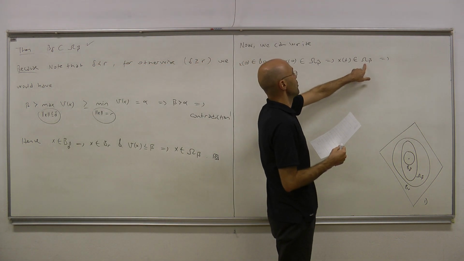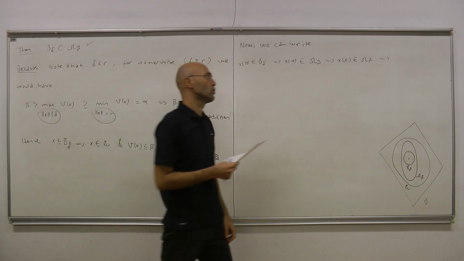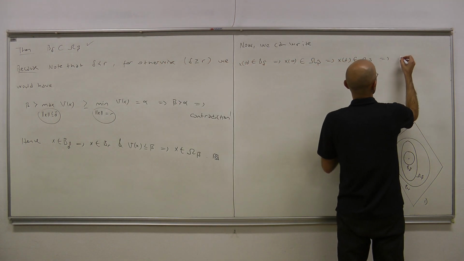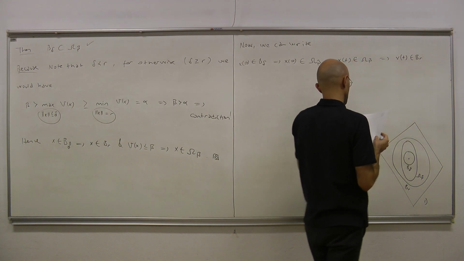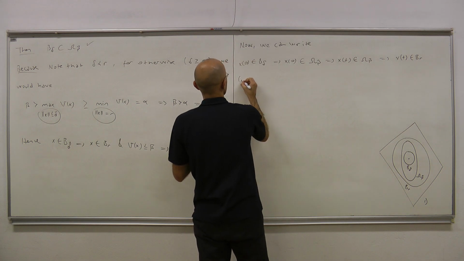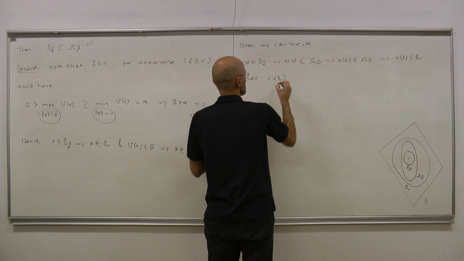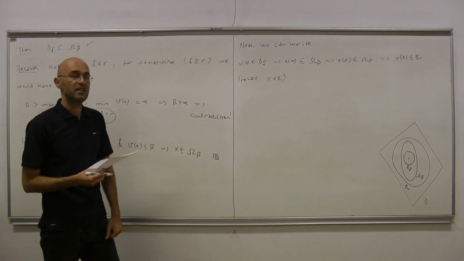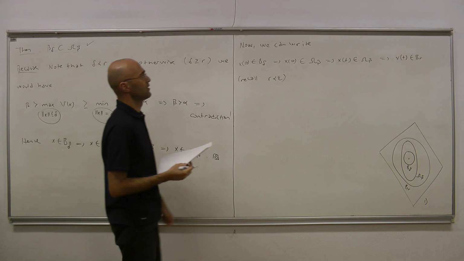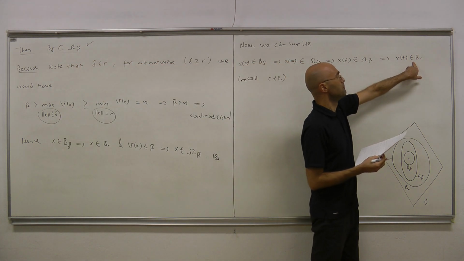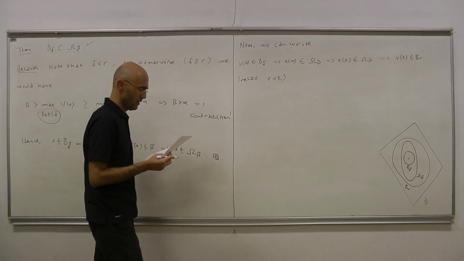That means x of t belongs to omega beta, means x of t belongs to R ball for all times. Okay. And finally, we recall that R was chosen after we're given epsilon and it's strictly smaller than epsilon. Okay. So that means x of t belongs to epsilon ball too, because epsilon is larger than R.